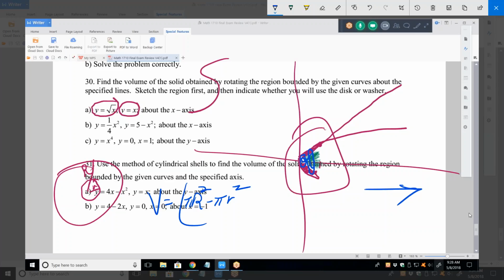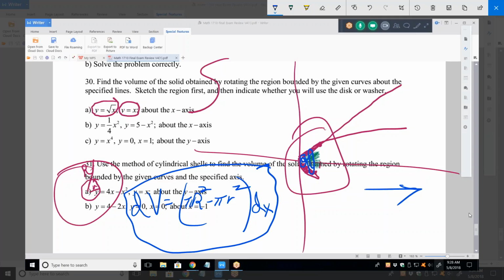So if I want the volume of the washer, I got to multiply it by the thickness of each washer, and that is dx. In other words, it's dx that's going to approach 0. And then I'm going to add all these up. So in reality, this is a true statement. Every washer has a dV that is pi capital R squared minus pi little r squared times dx.